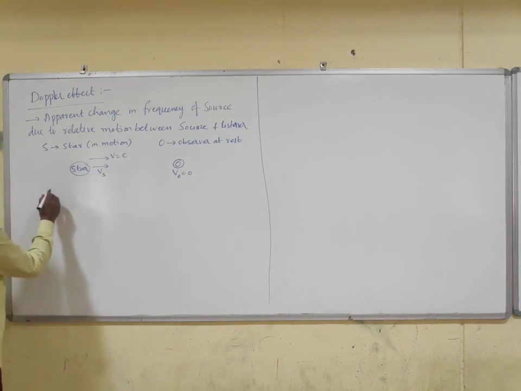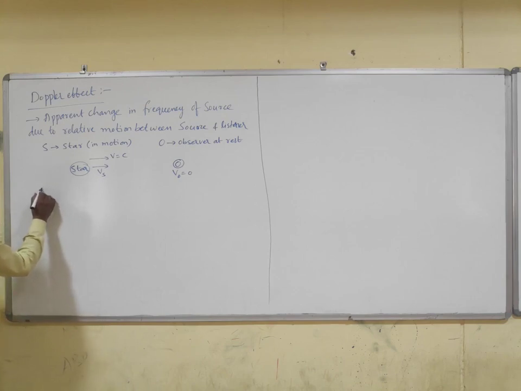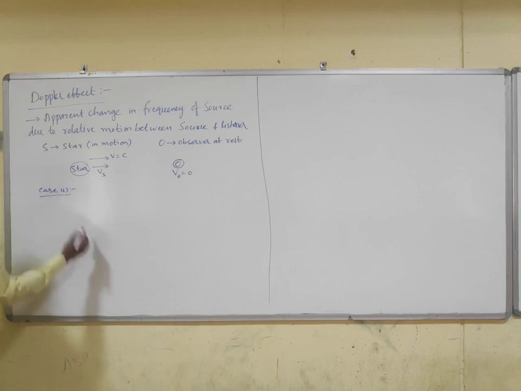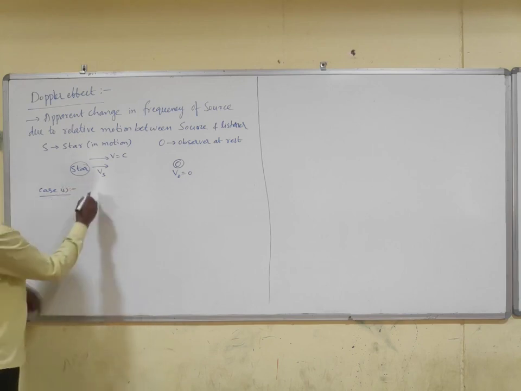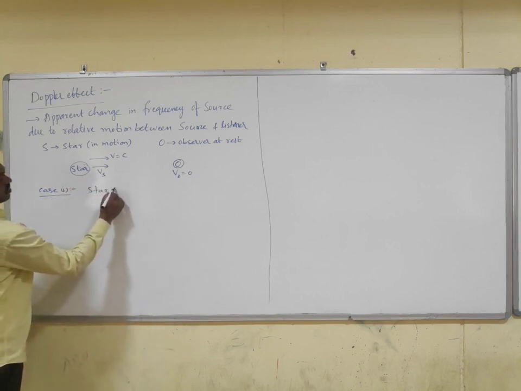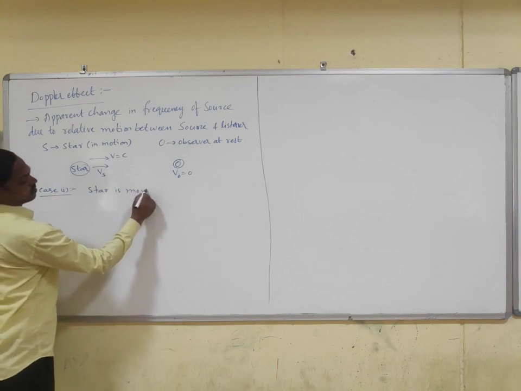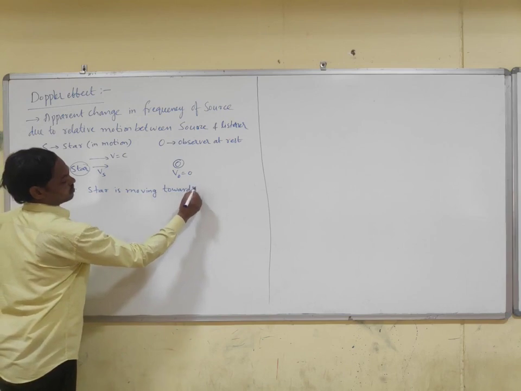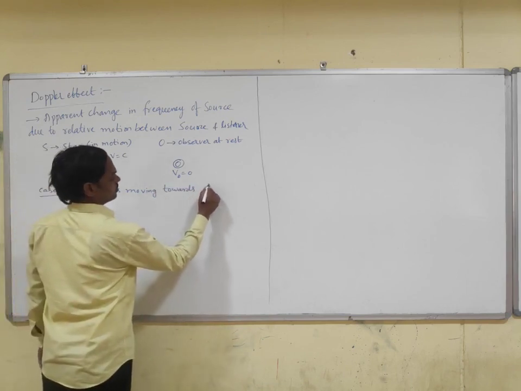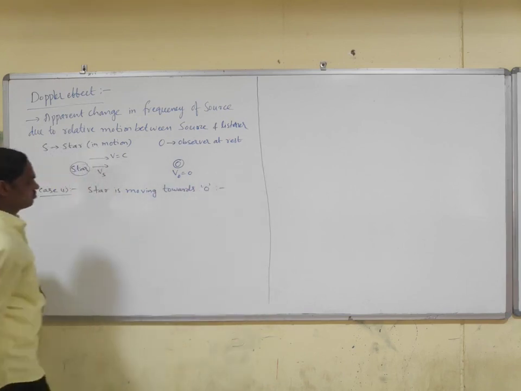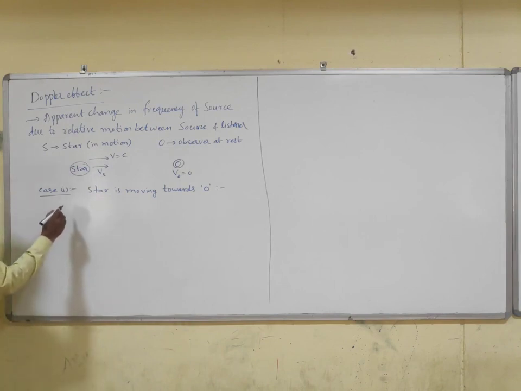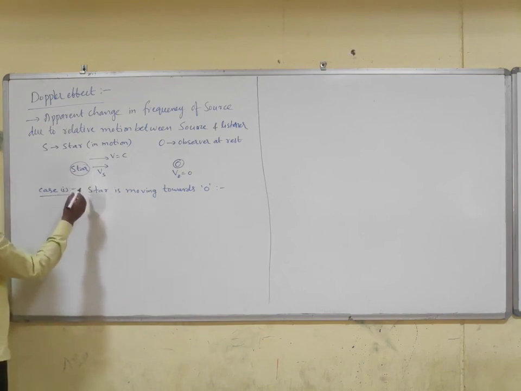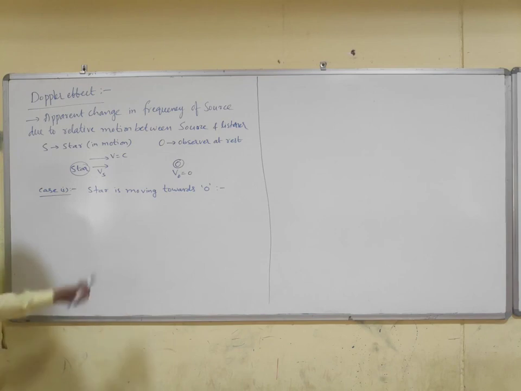In this case, let us consider case 1. Star is moving towards O, the observer. Let us take the normal Doppler effect formula.